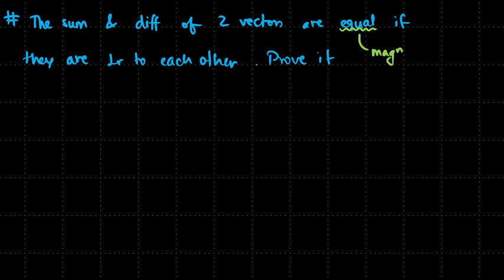I think this is pretty easy to prove as well. Since we know that the magnitude is going to be equal, let's say the vectors are vector A and vector B. So the magnitude of the sum and the magnitude of the difference are going to be equal, right? Now let's use the formula.